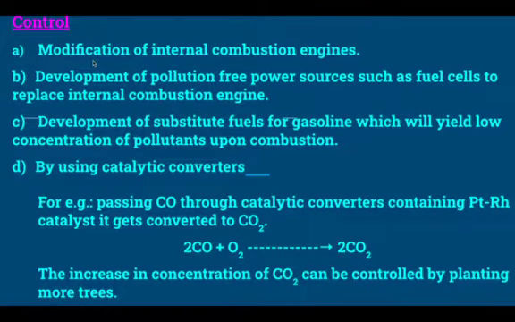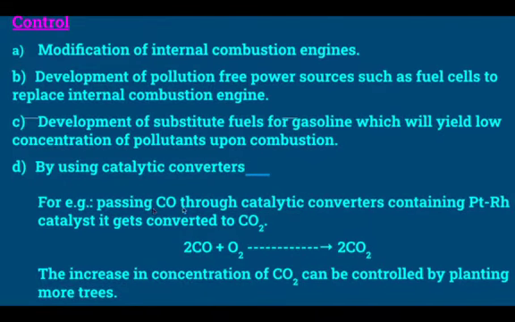Then next, development of pollution-free power sources such as fuel cells to replace the internal combustion engine. Then development of substitute fuels for gasoline which will yield low concentration of pollutants upon combustion, and using catalytic converters.